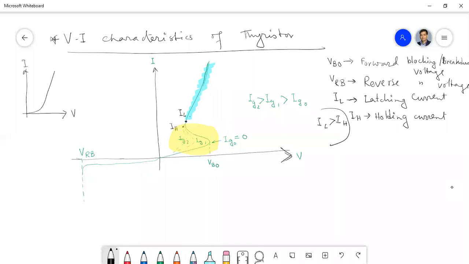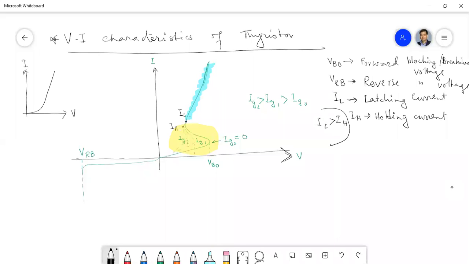Okay, and if Ig is greater than 0, if Ig has some finite value, then this particular voltage will be less compared to the value at Ig0.